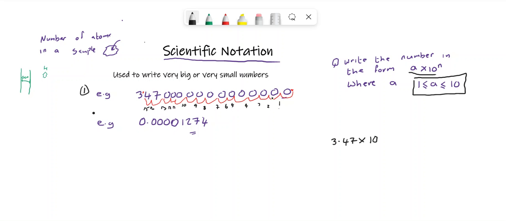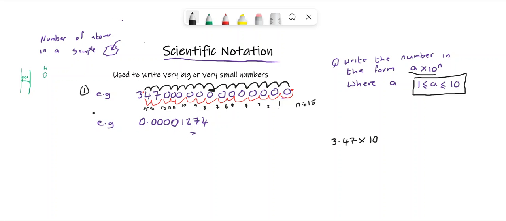Okay, so we've made 15 jumps. And we can look at it this way as well: 1, 2, 3, 4, 5, 6, 7, 8, 9, 10, 11, 12, 13, 14, 15. So n in this case is going to be equal to 15.